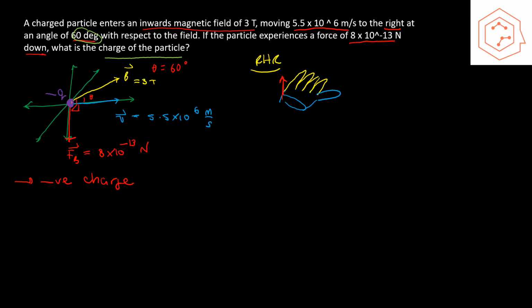Now we took care of the sign. So anywhere we have an equation, we're not going to use the sign anymore, because we already took care of that information. We're only going to use the magnitude. If we write our equation for the force, FB is equal to Q V cross B, which is equal to, in magnitude, because that's all we care about now, Q V B sine theta.